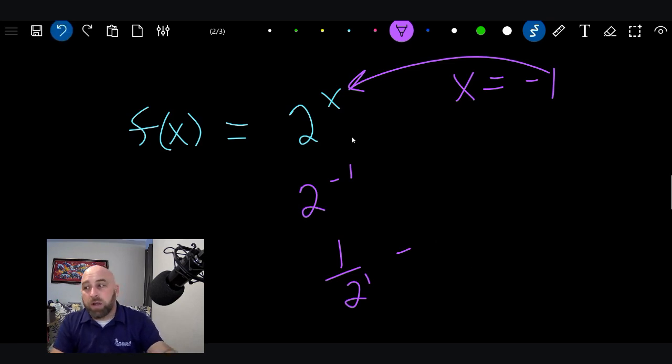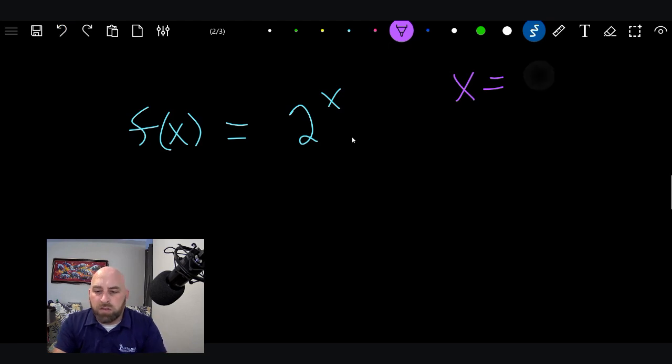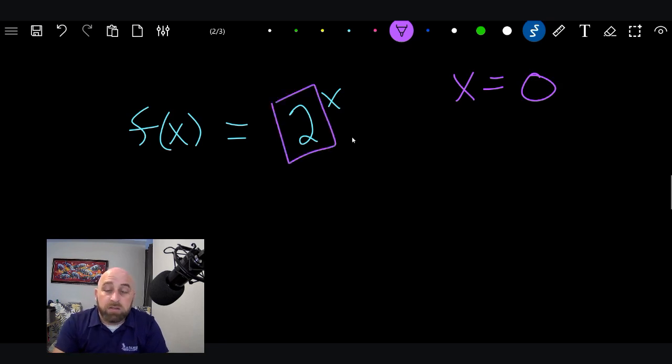Let's evaluate it for x equaling 0. You said, Mr. Steve, I thought you said that the base couldn't equal 0. The base doesn't equal 0. This is the base. You're confused right now because you're used to the base being the x, but the base is the 2 here. Don't forget, this x is the exponent and the 2 is the base, so we've got to make sure that we're on the same page right there.